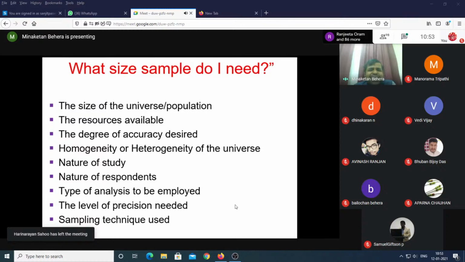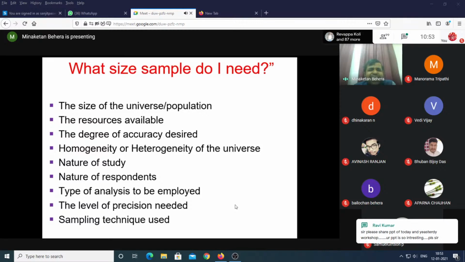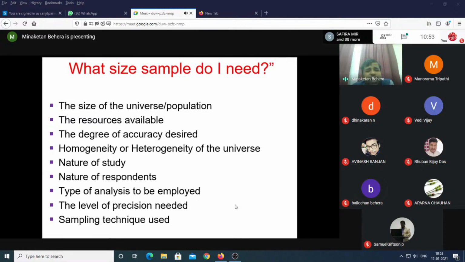But you have to provide sufficient background, your general understanding of the study. Then, if your population is heterogeneous, you have to take a larger sample, and that will justify it. The nature of the respondents also matters, and there are many points, but I am not going into them.